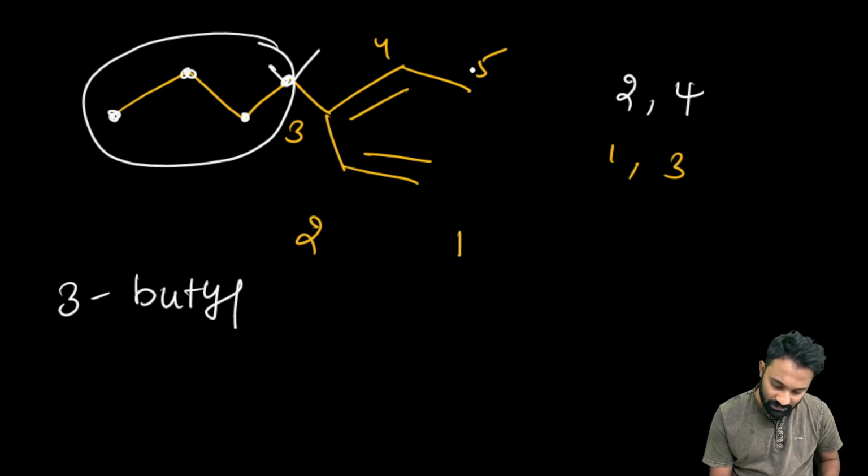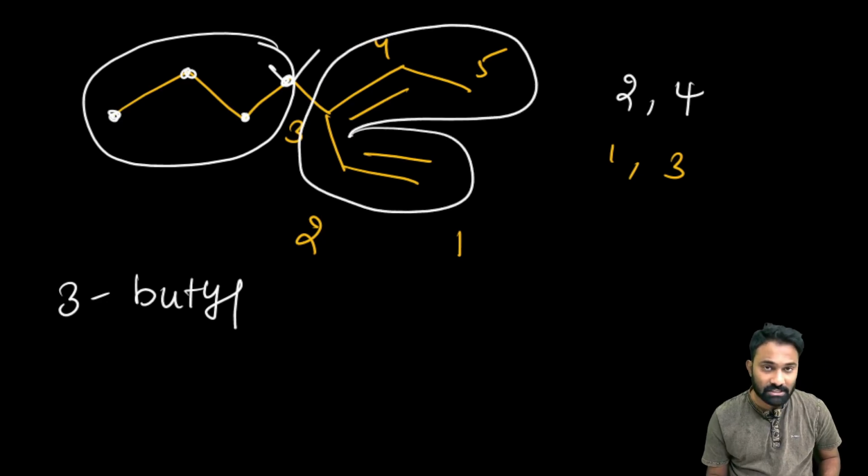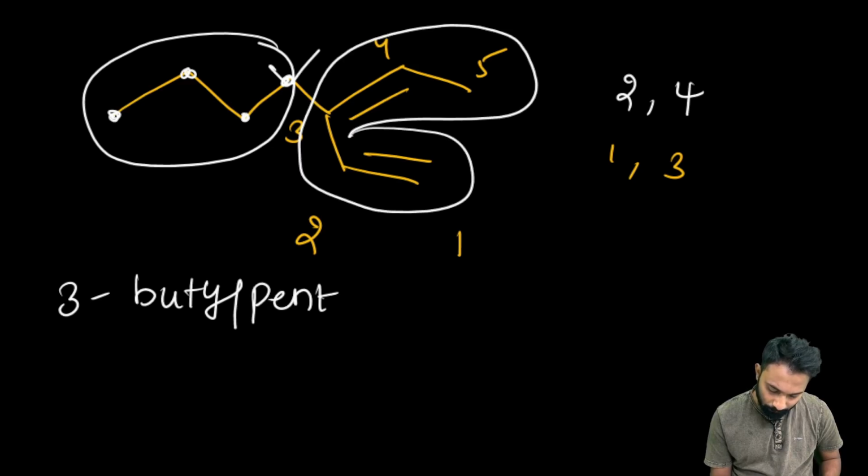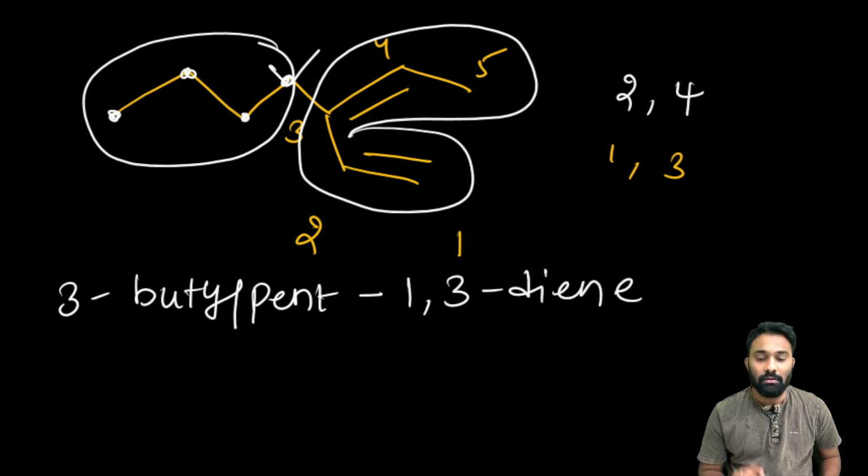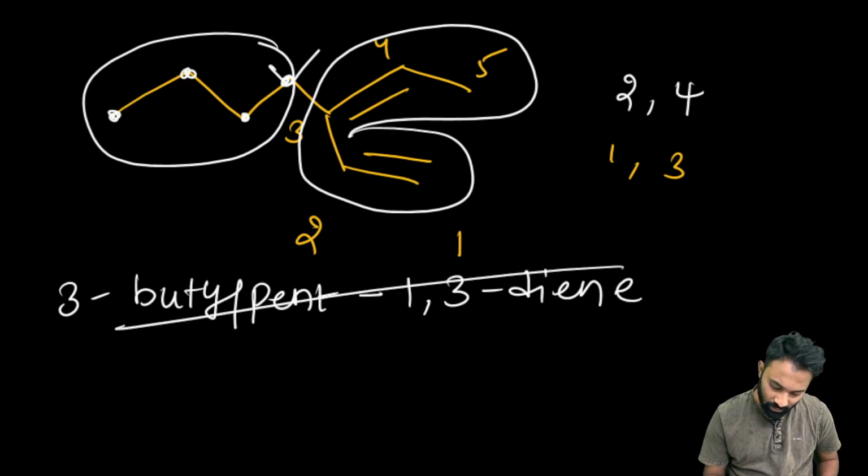How many carbons does the parent chain have? 5. So 3 butyl, pent, 1,3 diene. Now we will write it in this manner, but this one will be wrong.